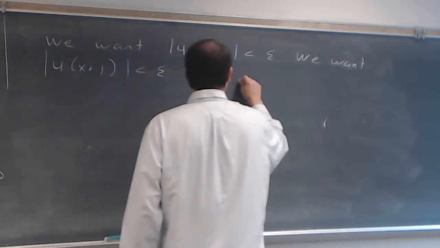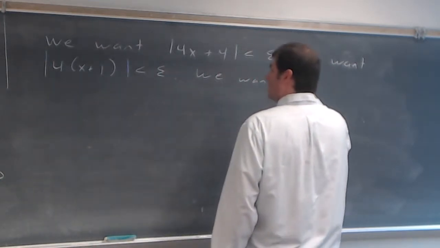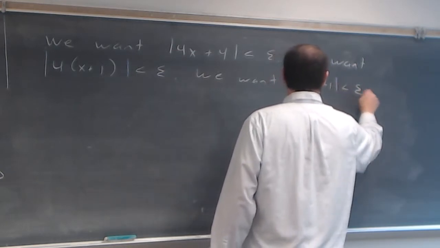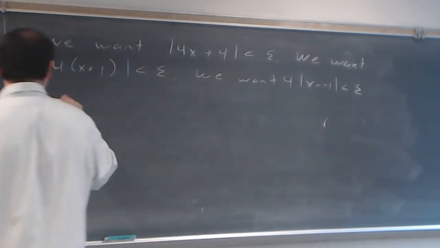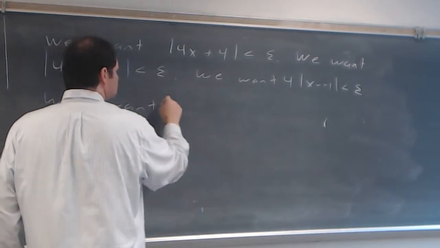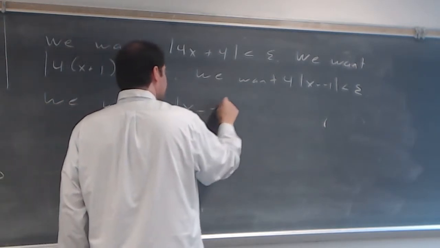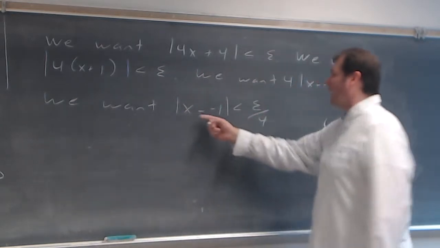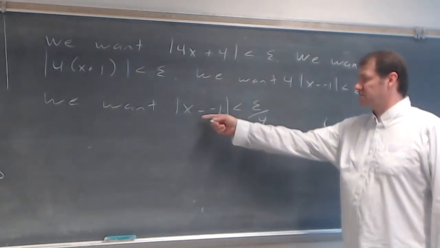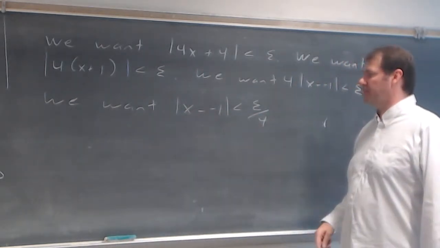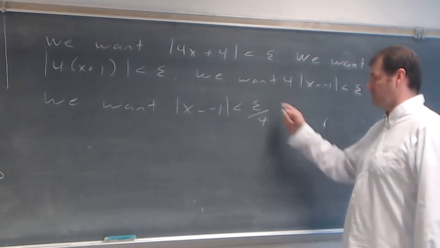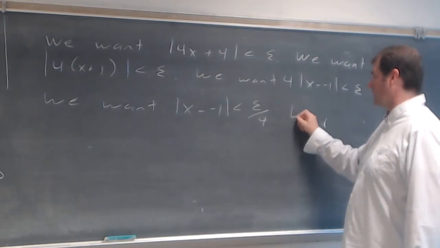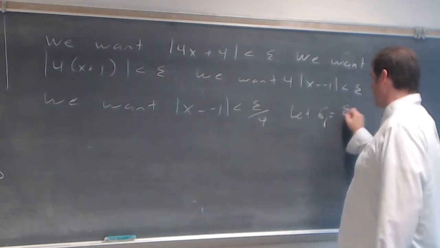That means we want 4 times the absolute value of x minus minus 1 to be less than epsilon. That says we want the absolute value of x minus minus 1 to be less than epsilon over 4. And so I get to pick a delta such that the absolute value of x minus minus 1 is less than whatever delta I pick. And the delta that I want is sitting right there. So we let delta be equal to epsilon over 4.